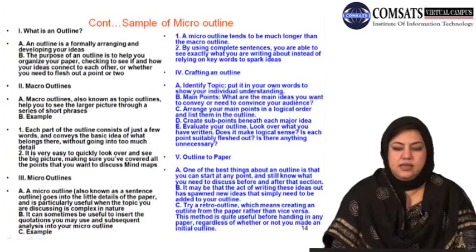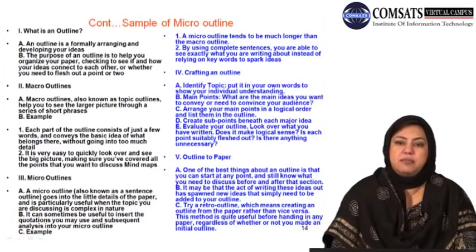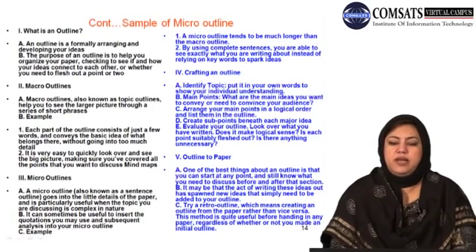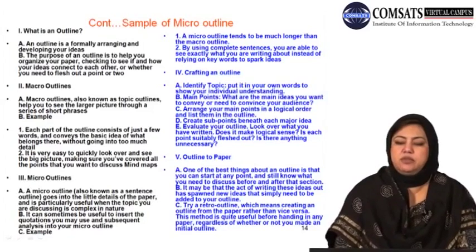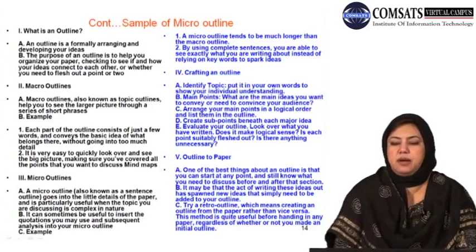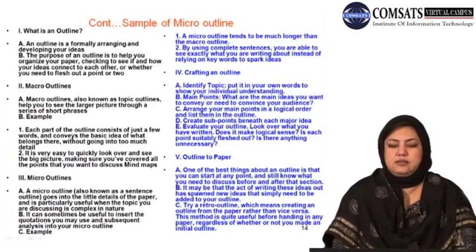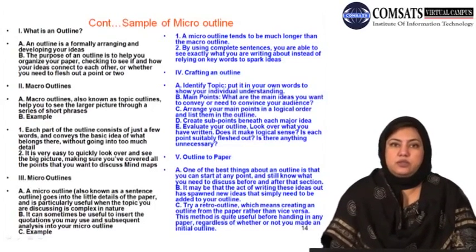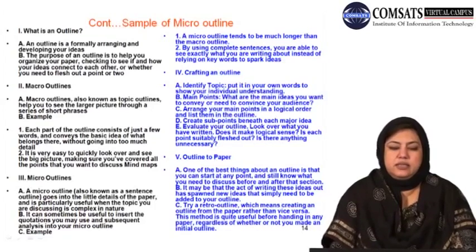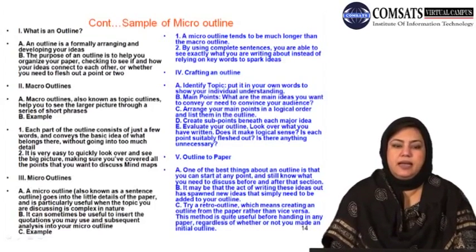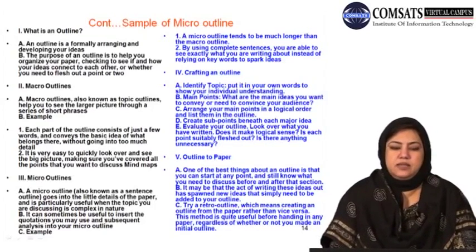And then C, example. Within example, again, two categories. One, a micro outline tends to be much longer than the macro outline. Two, by using complete sentences, you are able to see exactly what you are writing about instead of relying on keywords to spark ideas. So far, what you would have noticed is that each main heading is in the form of a phrase, not a word.